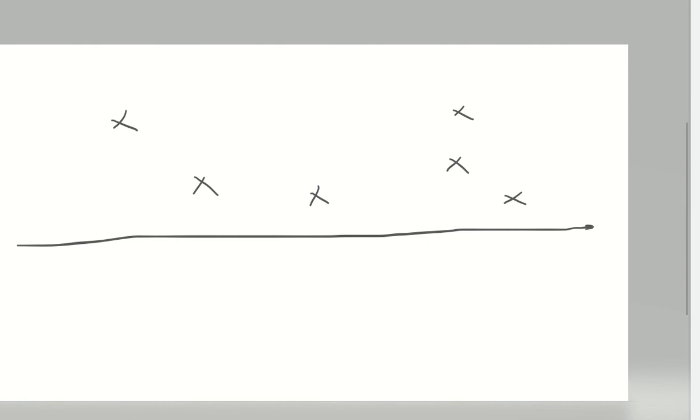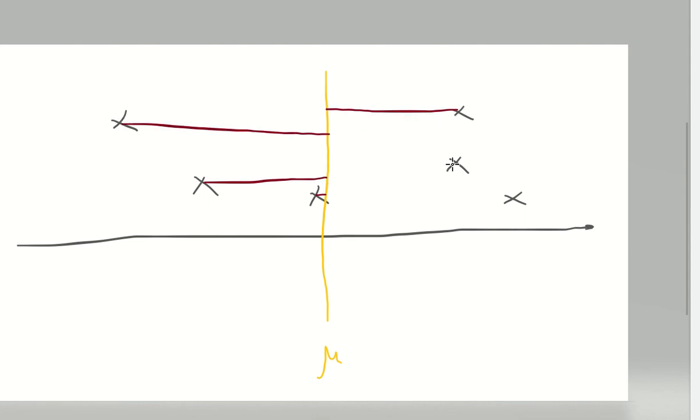What could be a good reference point? Obviously, the best reference point is the mean. Okay? So what we do is we see how far away every value is from the mean. You calculate these distances or these differences or these deviations.